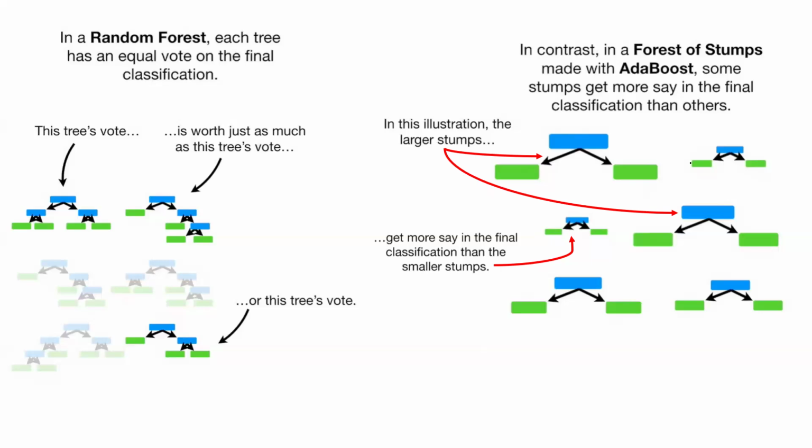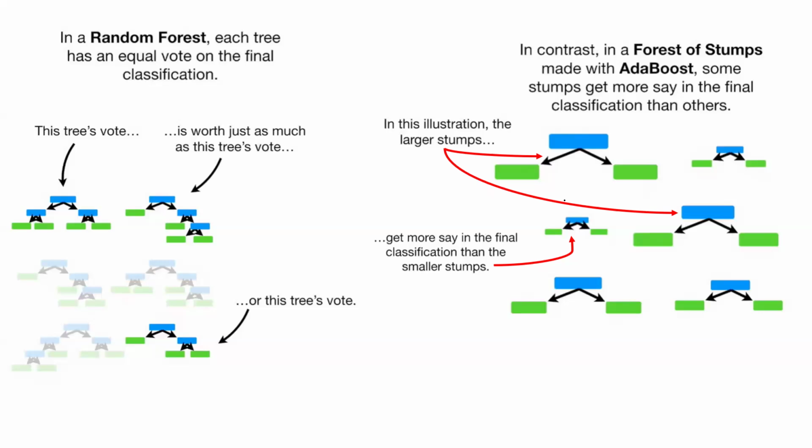What that actually means is that this stump will have more say when compared to this particular stump. That means the weightage for the output of this stump will be more in getting the final output when compared to this particular stump.